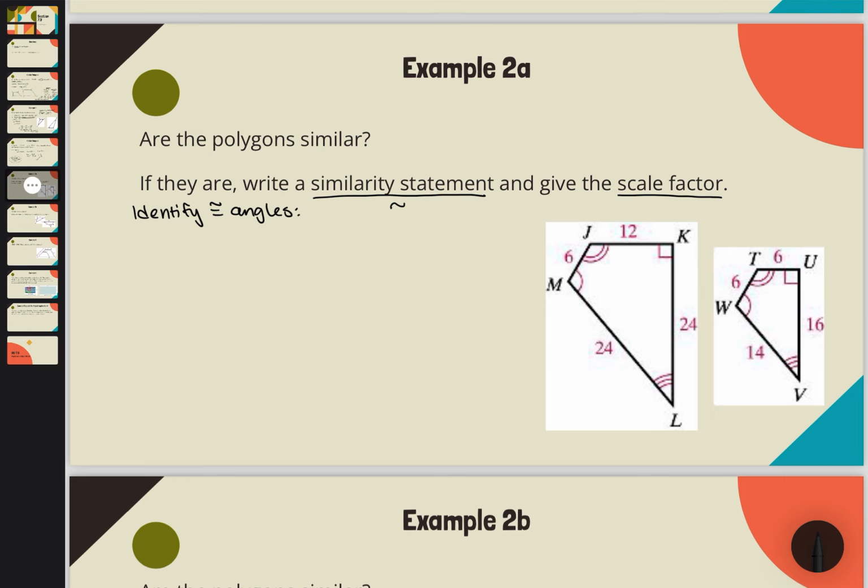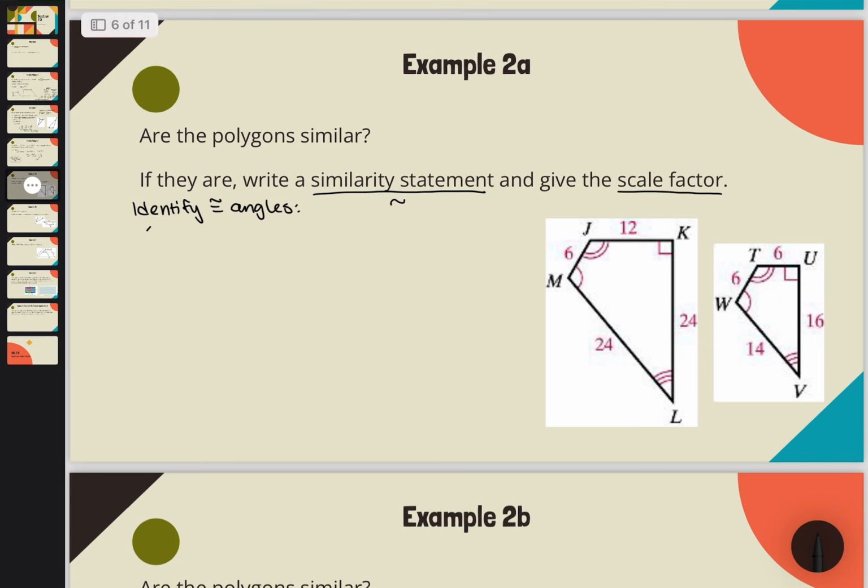Over here I can see that angle K is congruent with angle U. Angle J is congruent with angle T. Angle M is congruent with angle W, and angle L is congruent with angle V. This is looking good. I have 4 pairs of congruent corresponding angles. So far so good. It's looking like they might be similar.